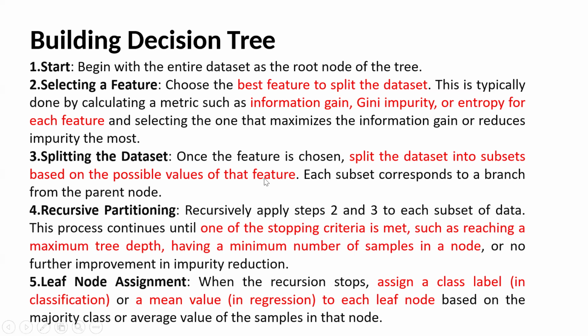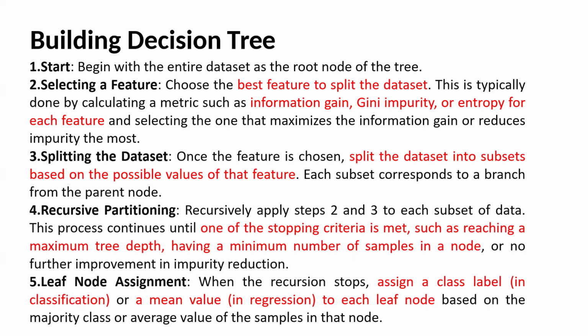So after choosing the feature, we split the data set into subsets based upon its possible values. And you have to perform this operation recursively until there is no mix-up of class labels at the leaf node.